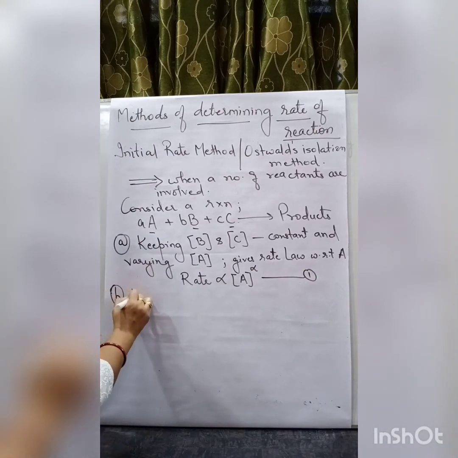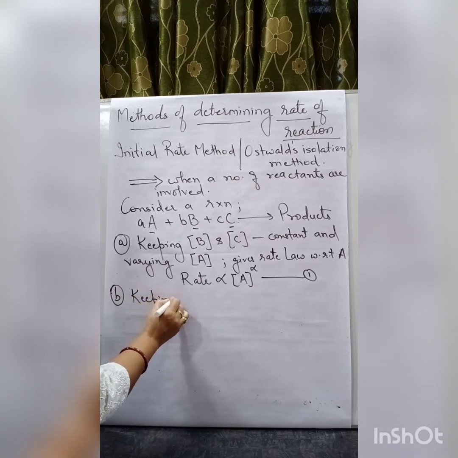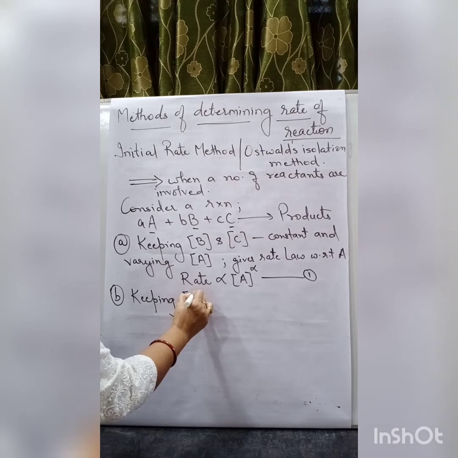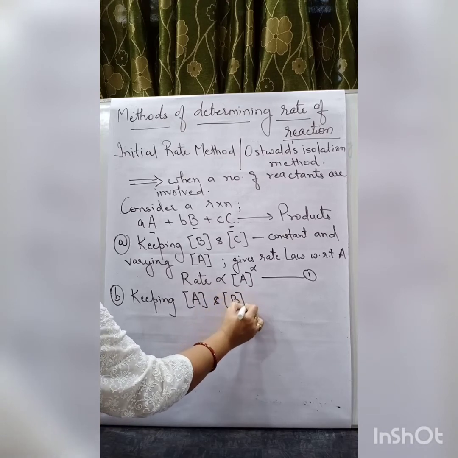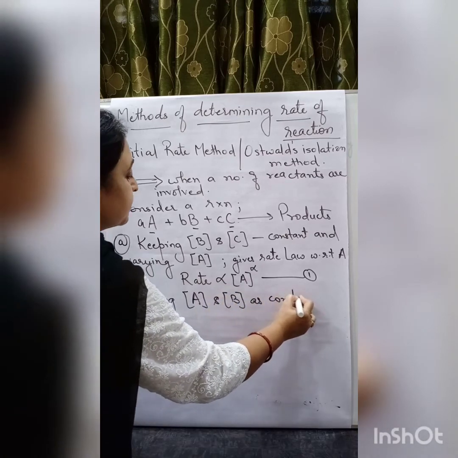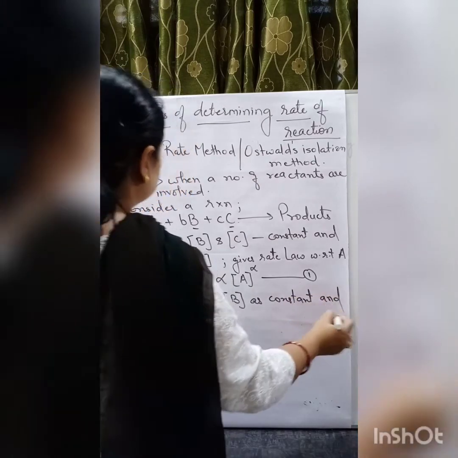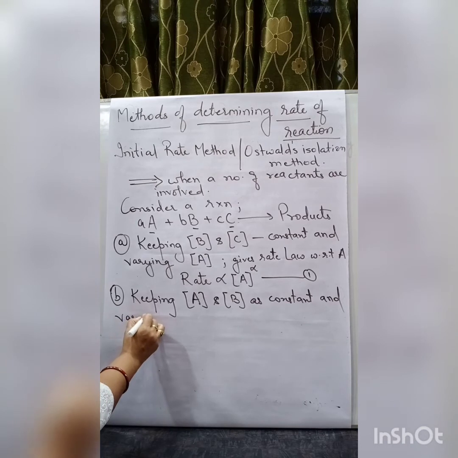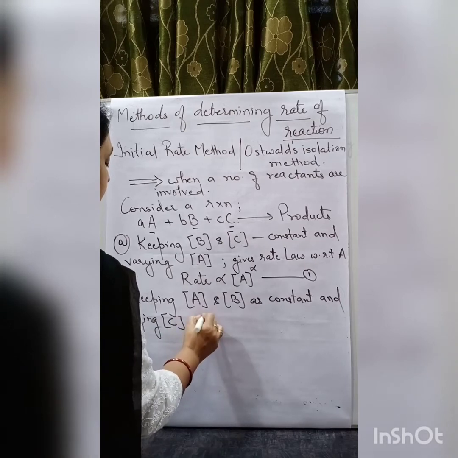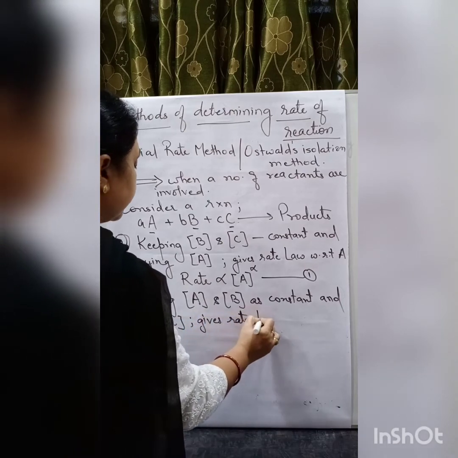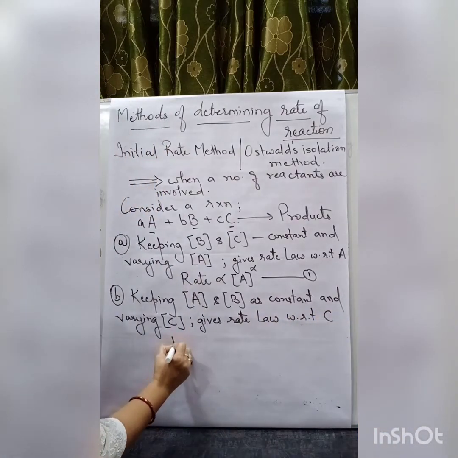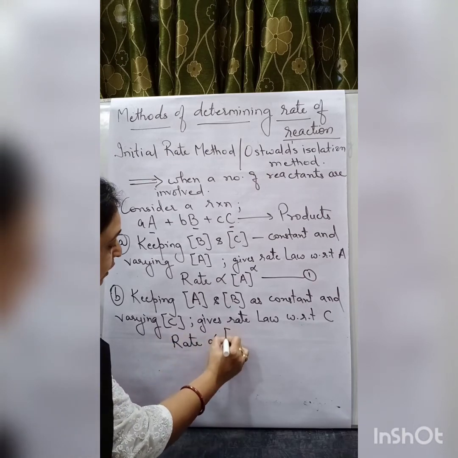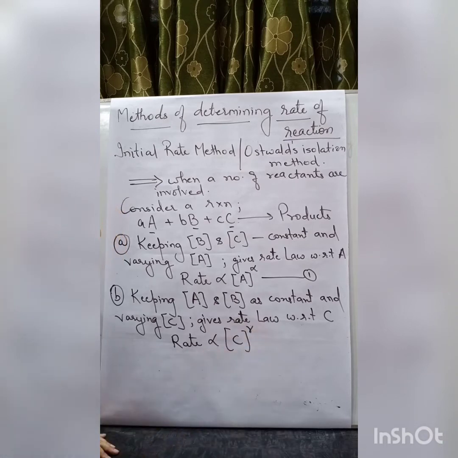In the next step, I am going to keep concentration of A and concentration of B constant and vary concentration of C, which gives the rate law with respect to C. Rate proportional to concentration of C raised to, let it be gamma.